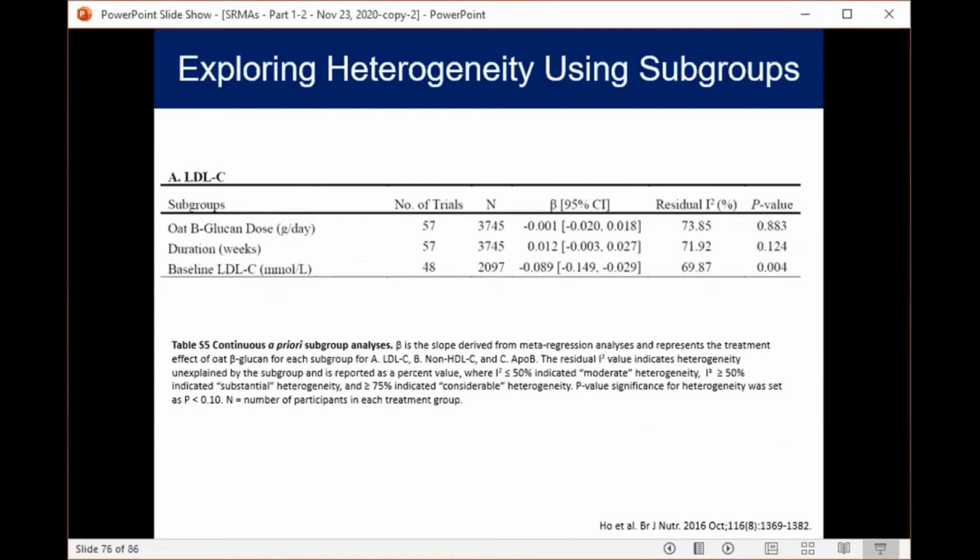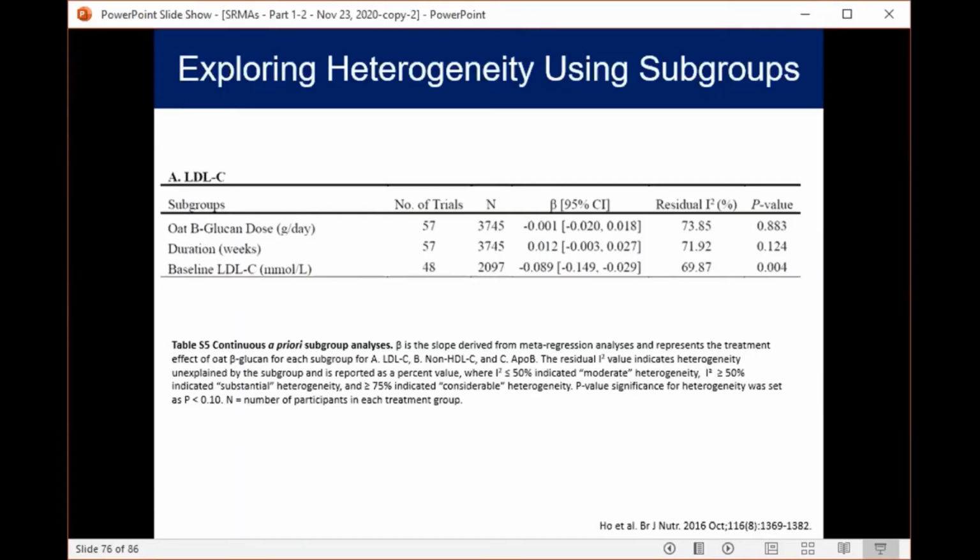The previous slide presented results for categorical subgroup analyses. For data that is continuous in nature, like dose of the intervention, follow-up or duration of the intervention, and baseline outcome level, continuous subgroup analyses can be performed, where an example is presented here.